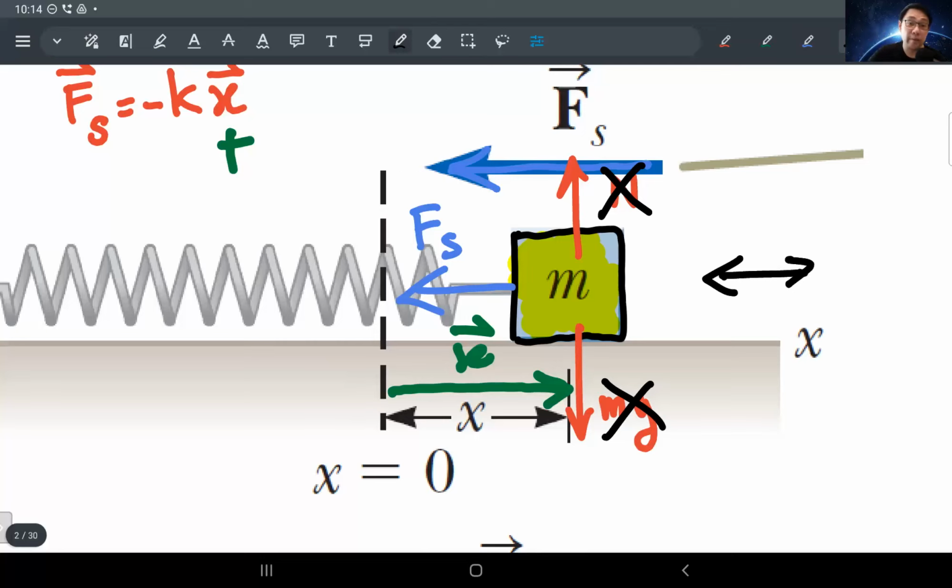So you don't have to worry about the N or the mg because they're perpendicular, so everything is already at a 90-degree angle with it. They're all independent, so just forget about everything going on in the y-axis. So from the look of it, there's only a single force acting on this mass, and it's just the spring force. And that's it.